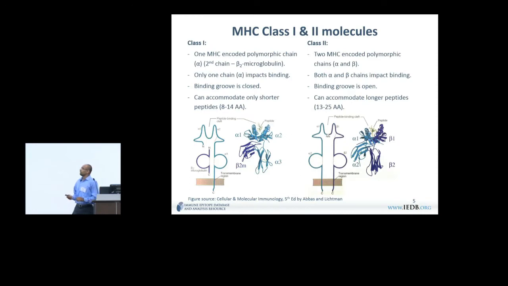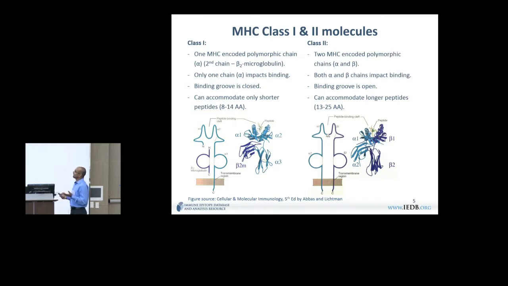The basic difference between class 1 and class 2 tools actually starts from the structure of the class 1 and class 2 molecules. Here is the structure of the class 1 molecule and this is the class 2 molecule. For class 1, there's only one polymorphic chain, alpha, and the beta is constant, beta 2 microglobulin. On the other hand, the class 2 molecule has two polymorphic chains, both alpha and beta, and both these chains impact binding.